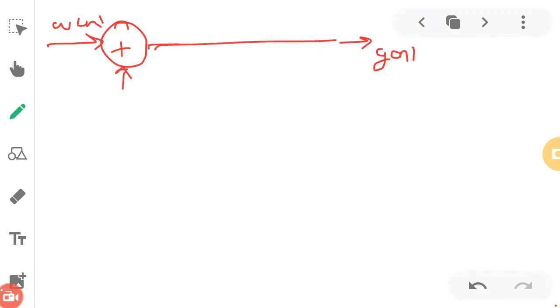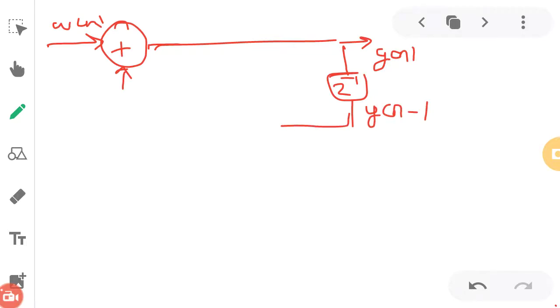The next term will be A1 into y of n minus 1. How will we get y of n minus 1? Take the z inverse of y of n, then we will get y of n minus 1.